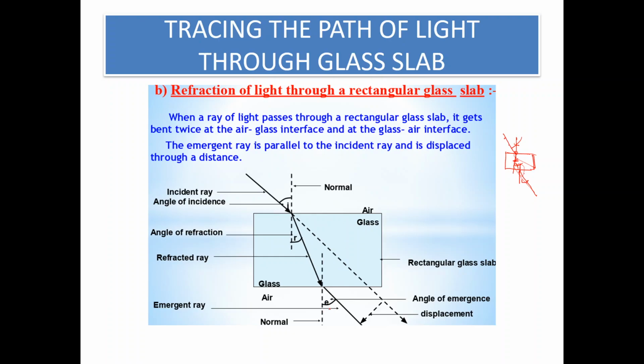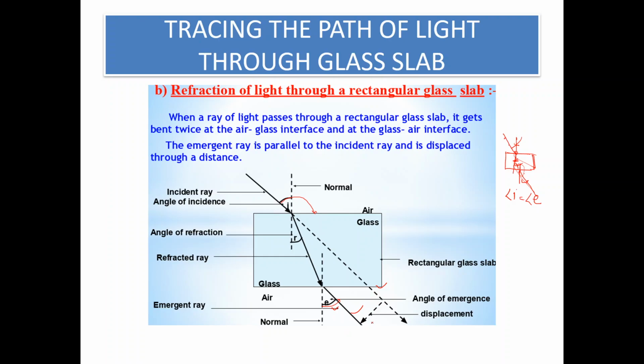This is the angle of emergence. The amount of bending when it is entering from one medium to another medium, here it bends, and by the same amount it bends this way. So that's why angle I is always equal to angle of emergence. If you extend the original incident ray backward, you will find that this incident ray is parallel to the emergent ray.